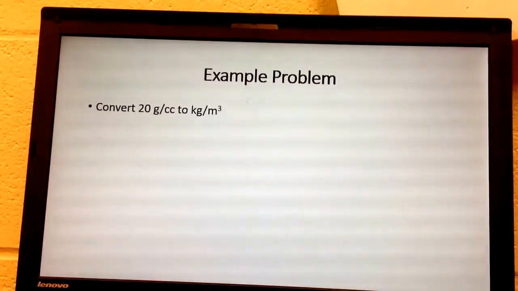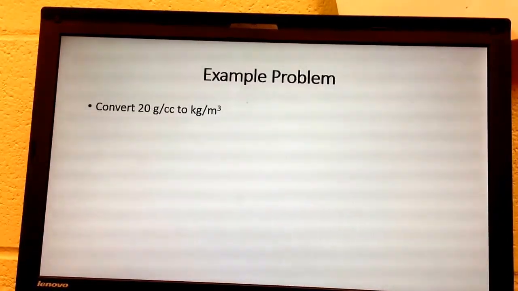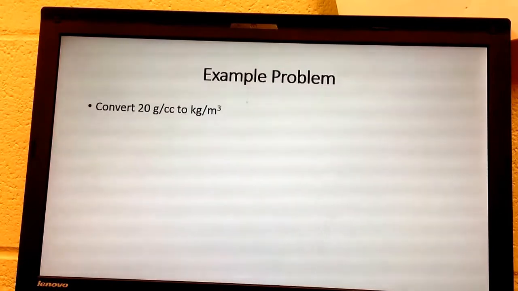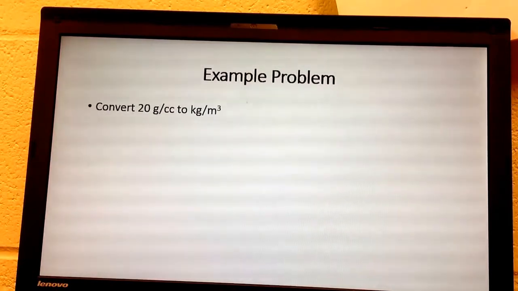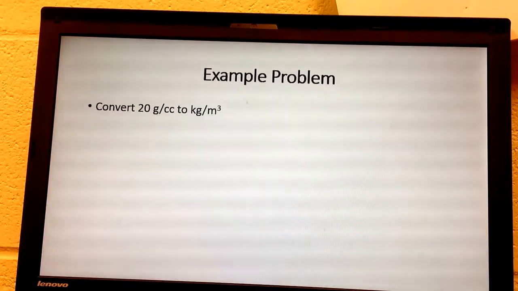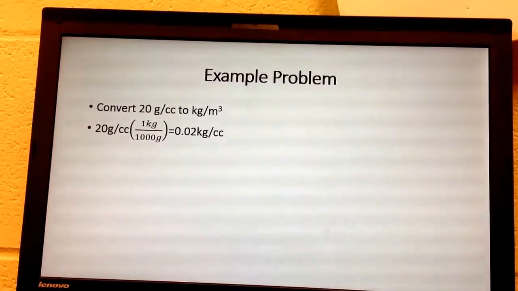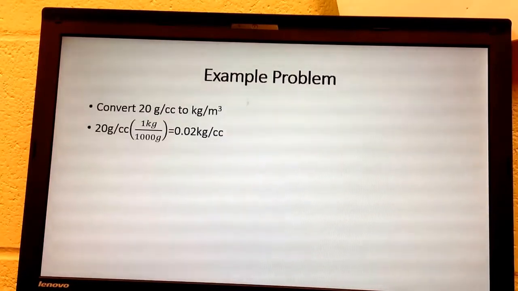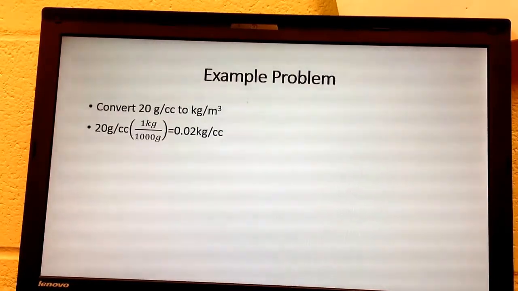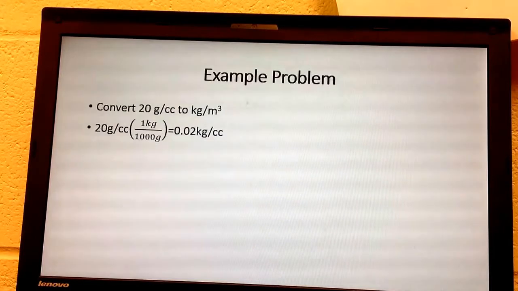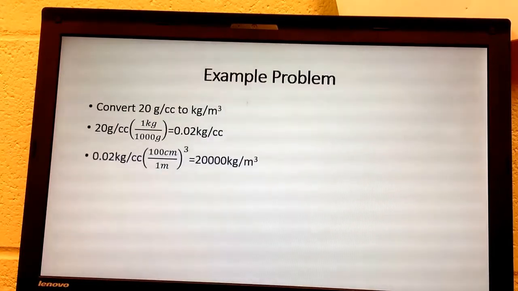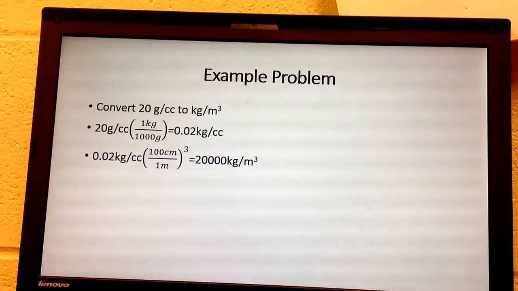Okay. Next problem, convert 20 grams per cubic centimeter to kilograms per cubic meter. Once again, we have to do 2 conversions here, so let's do the grams to kilograms first. 1 kilogram per 1,000 grams. Do the multiplication, you get 0.02 kilograms per cubic centimeter. Now get rid of the cubic centimeters and go to cubic meters.